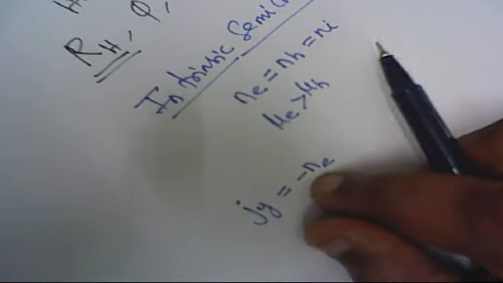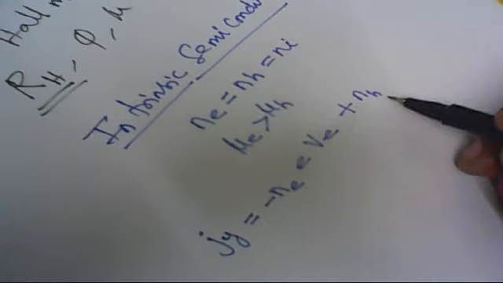The negative sign indicates the direction of electrons flowing opposite to the conventional current. The charge into the velocity of electrons along the Hall field. And there is another term NH, that is N suffix H indicates the number of holes, into the charge into VH.